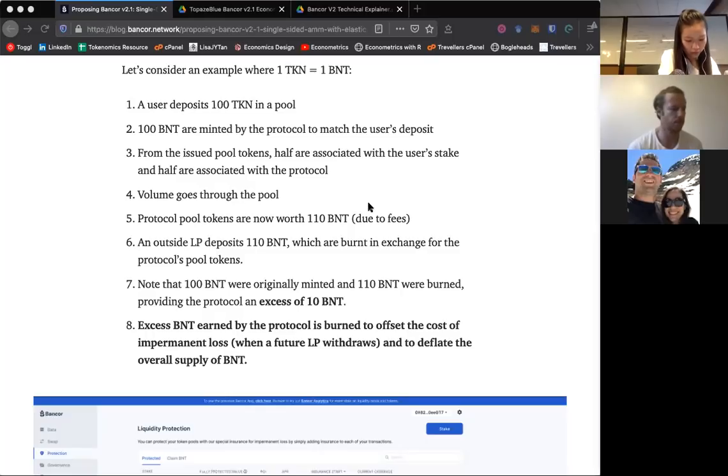If it's only used by the protocol to mint and burn against tokens, there's no real market price for BNT anymore, and it will not be able to provide the protection as expected, which is one of the issues that Andrew pointed out in his solution.